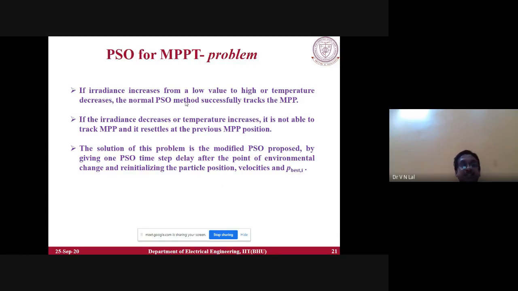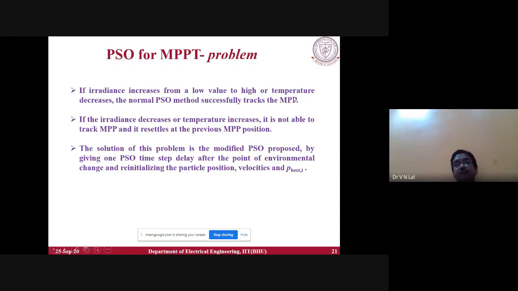So suppose uniform irradiance is there, and if irradiance is suddenly changed, and if irradiance increases from a low value to a high value, or temperature decreases. If you remember the PV characteristic, if temperature is decreased, the power is increased, and if irradiance is increased, then power is increased.